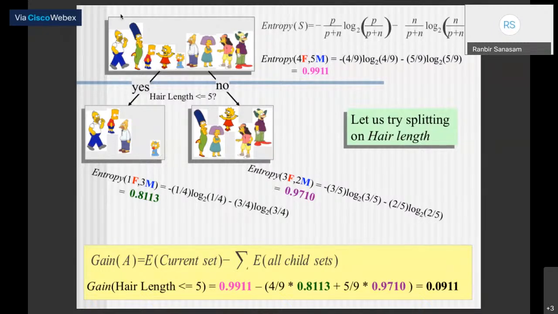If you see this figure, the top-level box is the entire data set. Now I am trying to divide the entire data set by something called hair length. Based on the length of the hair, I am going to divide it into sub data sets, a left-hand side and a right-hand side. That is the idea. So now, how do I divide?